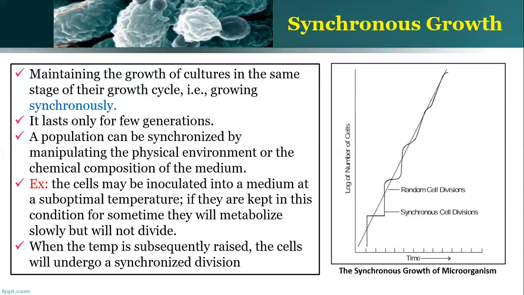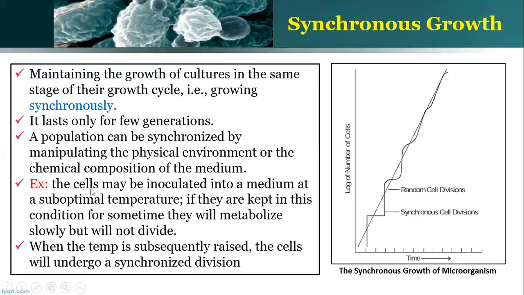And to maintain the organism in a single phase, synchronous growth is used. So here, a population can be synchronized by manipulating the physical environment or the chemical composition of the medium. Either way, the synchronous growth can be obtained.